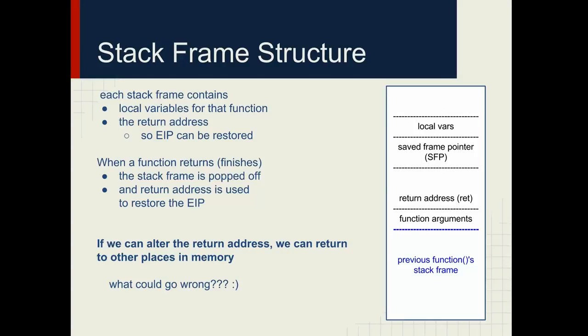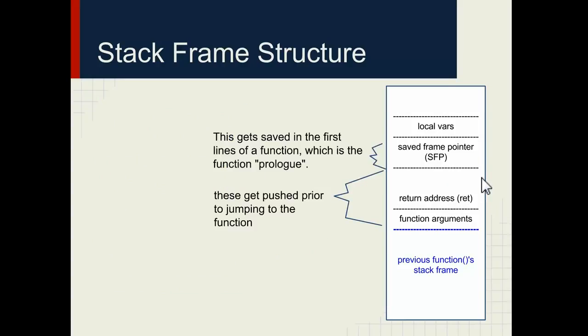All of these vulnerabilities, in practice and combined with each other, can allow you to hijack the return address on the stack and thus hijack execution. This is pushed prior to jumping into the function, and this is part of the prologue.